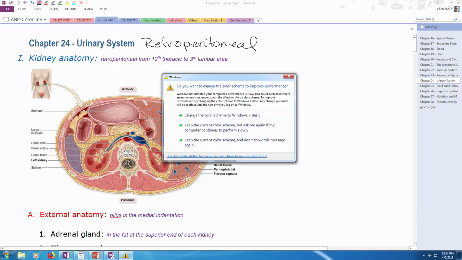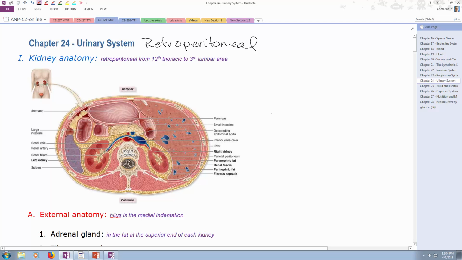When we take a look at this picture here, there are structures that you should be able to start to identify. This would be a slice of a CT or an MRI of somebody's abdominal area.